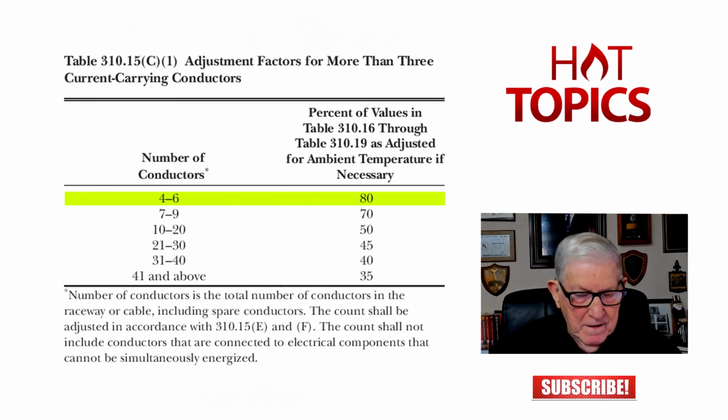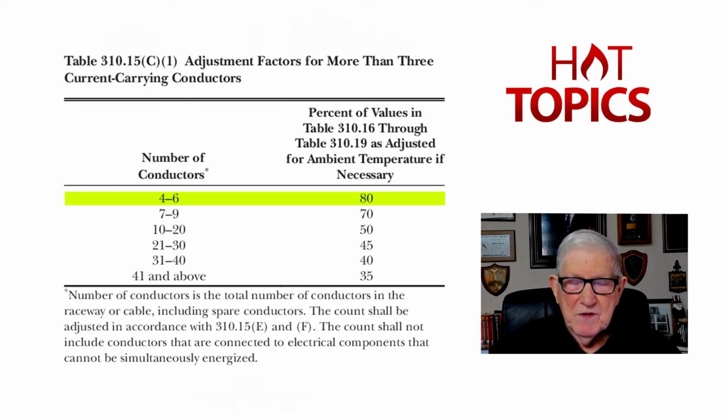And notice 7 through 9, 70%. But the minute you pull 10 or more current carrying conductors through the raceway, notice 10 through 20, 50%. The ampacity of your conductor in the 90-degree column is reduced down to 50% of its ampacity rating.